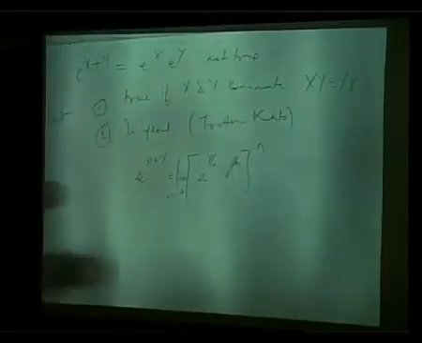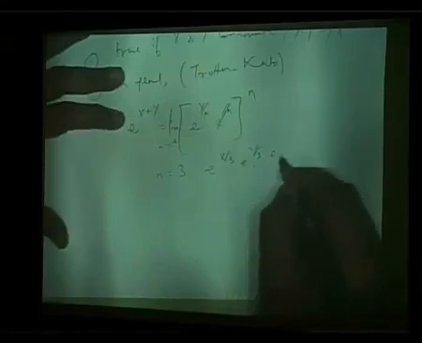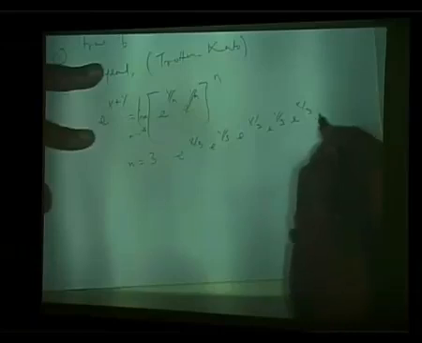That means you take e power x by n, e power y by n, and then take that power n, which means you multiply that by itself n times. So if they don't commute, then for example, for n equals 3, this looks like e power x by 3, e power y by 3, and then the same thing 3 times. Things don't commute, so you can't write them in any order you want. So somehow the lack of commutativity is made up for by going to this limiting process.